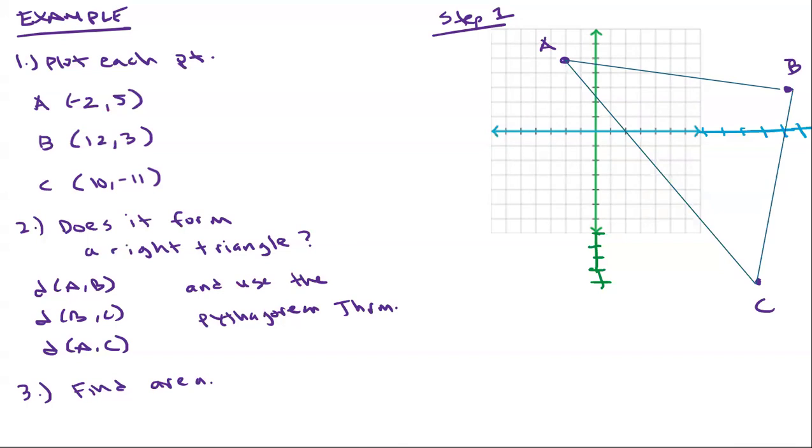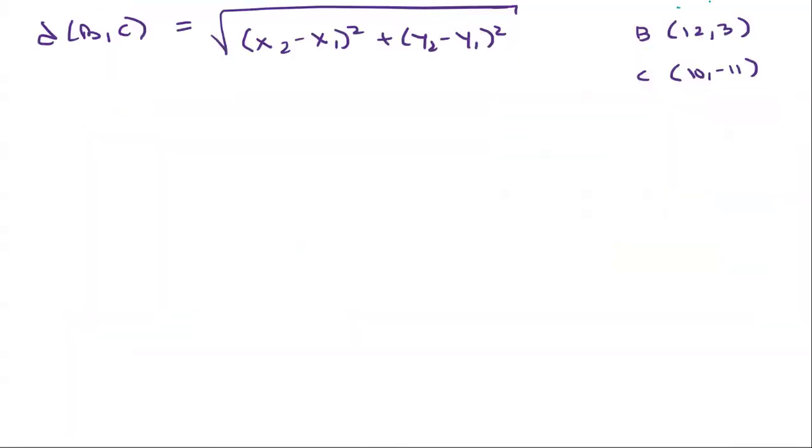I label this x1, y1, x2, y2, and start plugging them into my distance formula. x2 is 10, x1 is 12, squared. y2 is -11, and y1 is 3, squared. 10 minus 12 gives me -2, still squared, and -11 minus 3 gives us -14, squared.